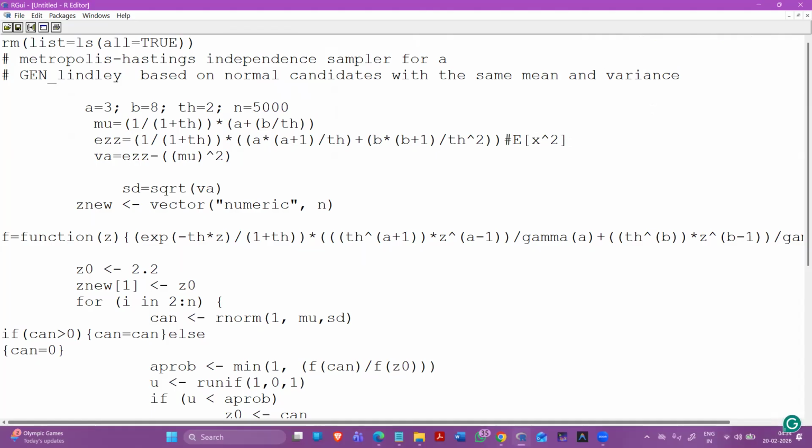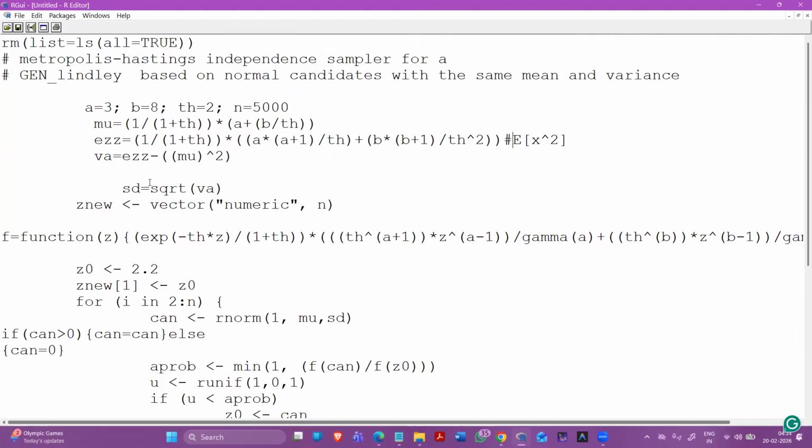So what is the formula of variance? Expected value of x square minus expected value of x whole square. This is the formula of variance, right? So I take expected value of x square minus mu whole square, and I get the variance.